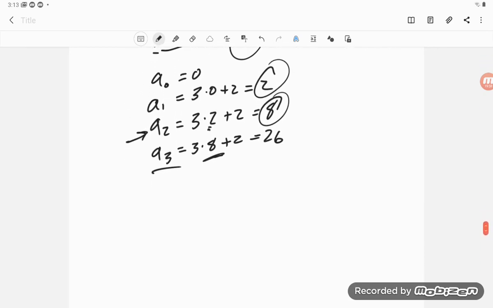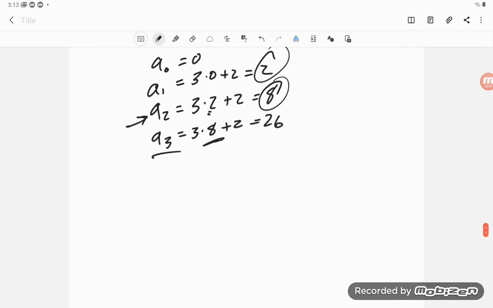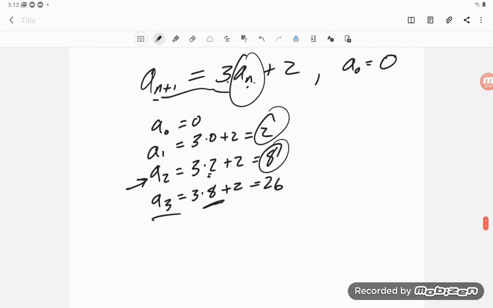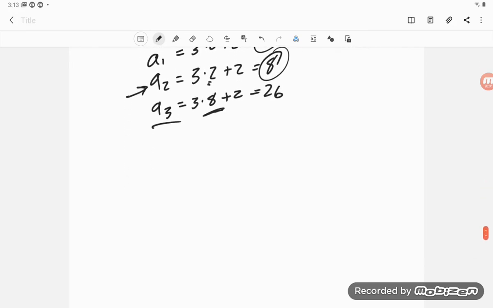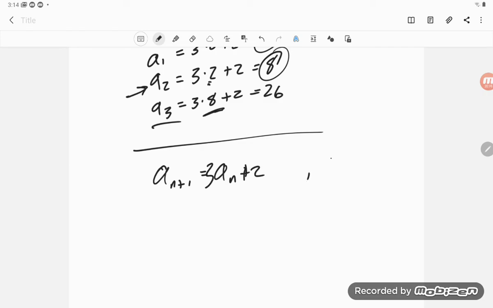Based on those, you can get formulas, say, all in terms of a sub 0. So suppose I didn't know what a sub 0 was, and I've got a sub n plus 1 is equal to 3a sub n plus 2, and I just know that I'm starting with a sub 0.